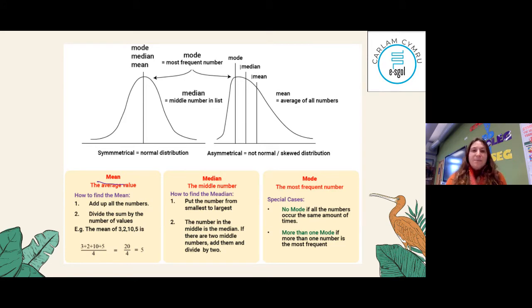The median is the middle number. So you put the numbers from smallest to largest, and the number in the middle is the median. Okay, so you can put them all there, divide by 2, which just says here, add them up, divide by 2. Mode is the most frequent number, okay?